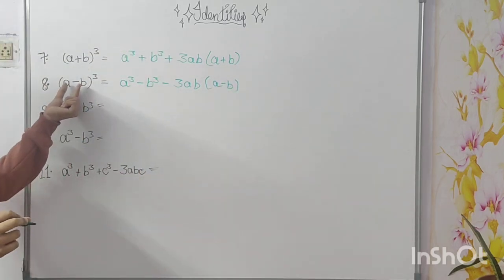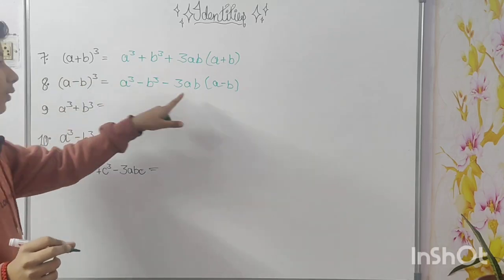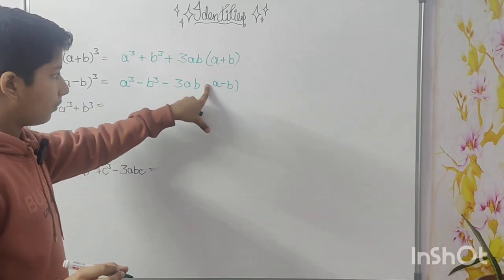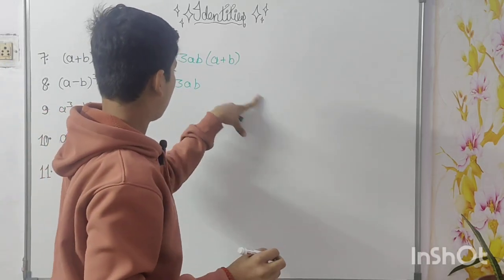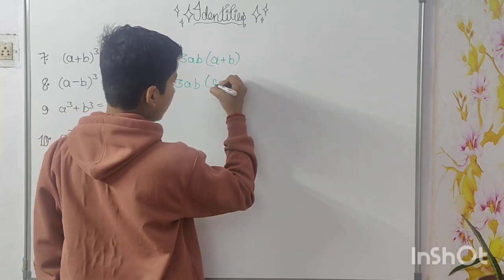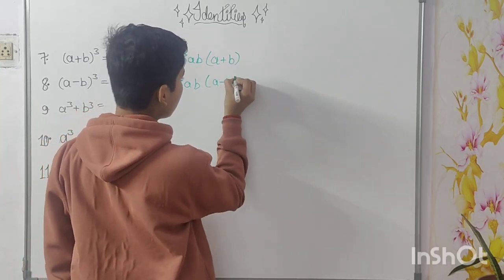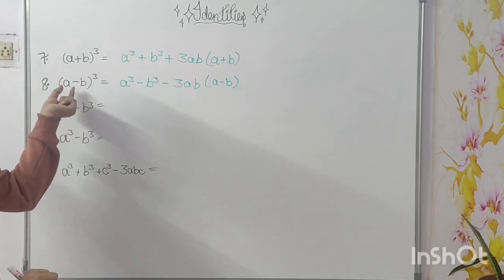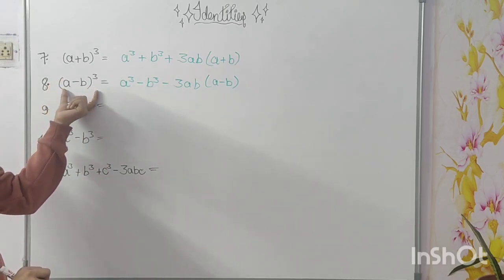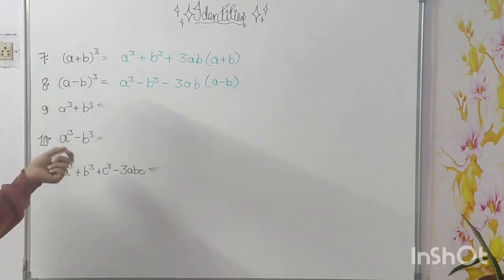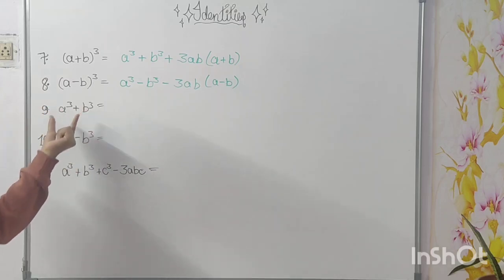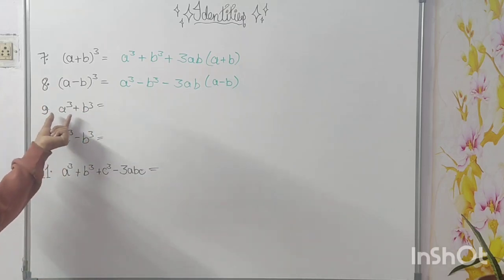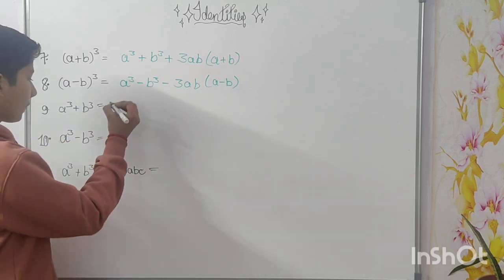This is a minus b whole cube, and the previous one was a plus b whole cube. But these are totally different from a cube plus b cube and a cube minus b cube.